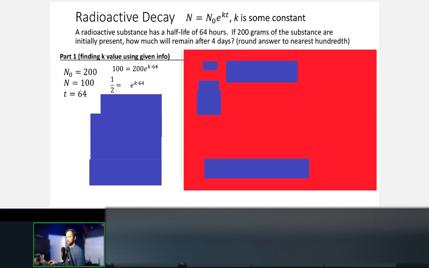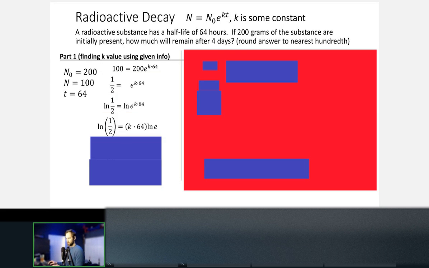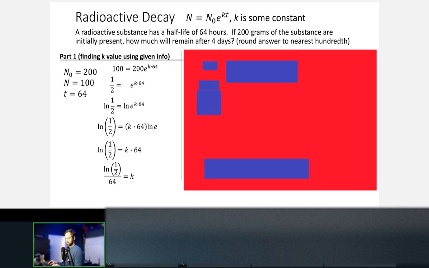We divide both sides by 200. We then natural log both sides. We move the stuff in front of the natural log. Natural log e becomes 1, and then we divide both sides by 64 to get the k value. All right, everyone thrilled with that work? Yep.